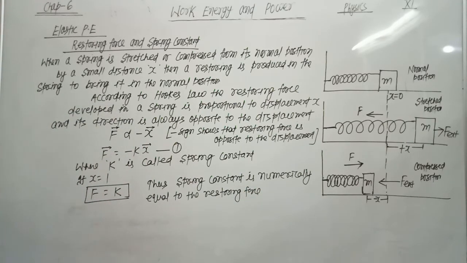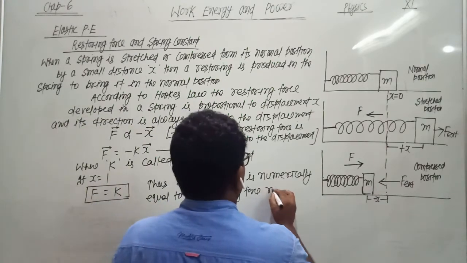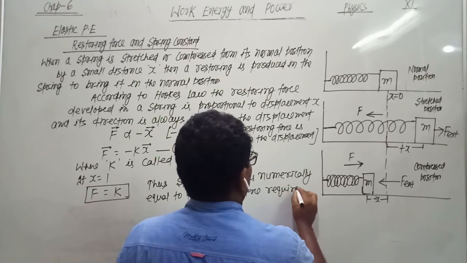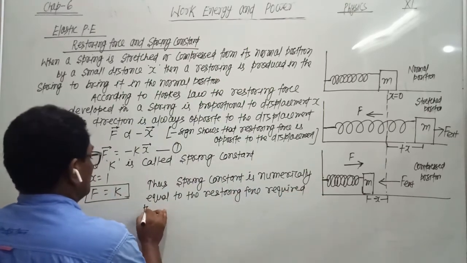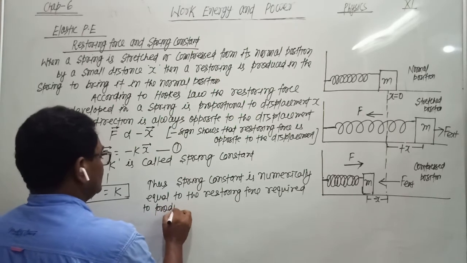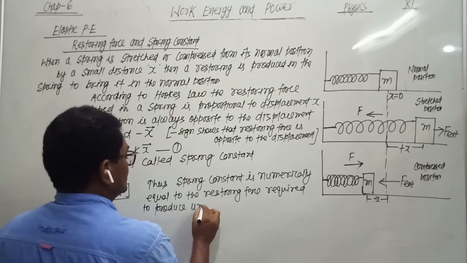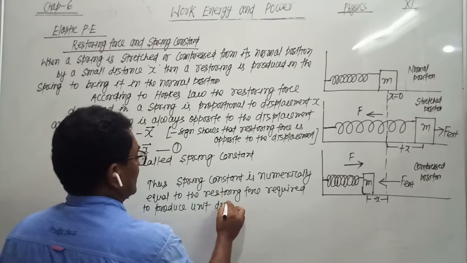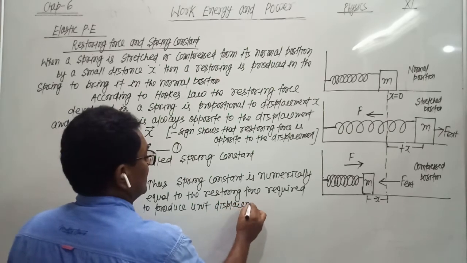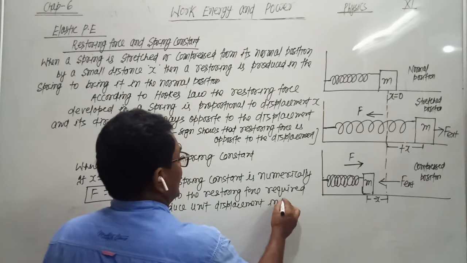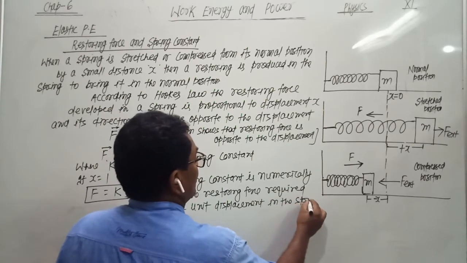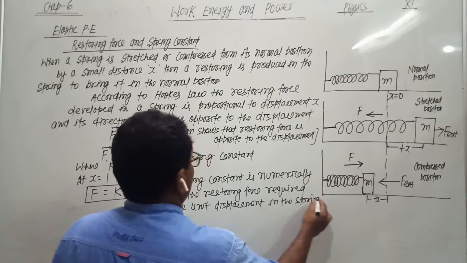F equals K means the spring constant is numerically equal to the restoring force required to produce unit displacement in the spring, because X equals 1.